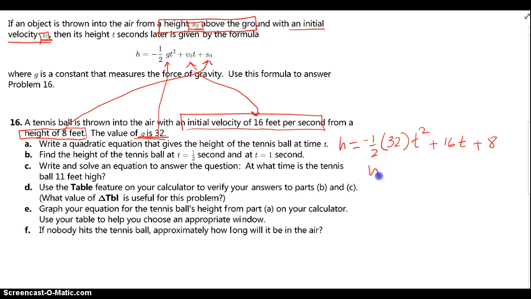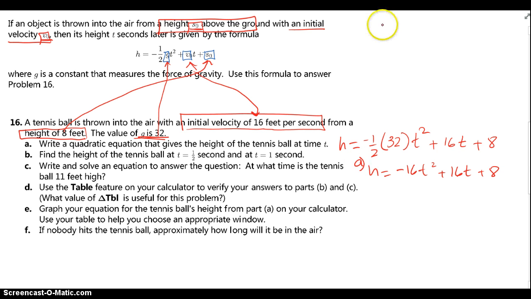And once I simplify that, I get -16t squared plus 16t plus 8, I'm sorry. So basically they had to give me the value of g, v naught, and s naught for me to be able to give the final equation for the height of this tennis ball.